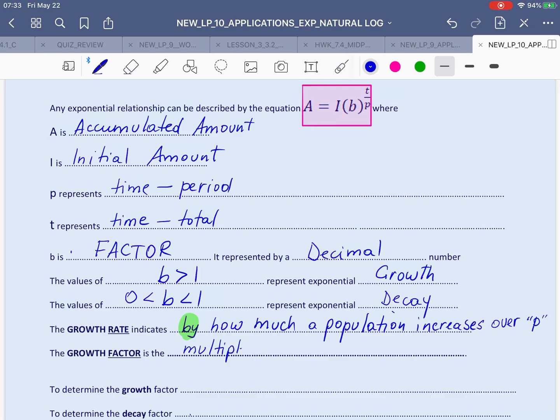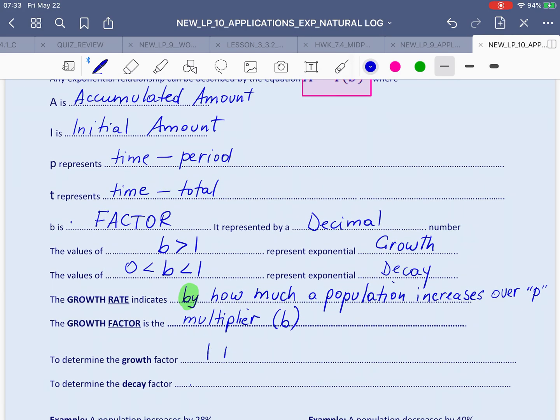Now, the growth factor is the multiplier that is indicated by letter B. So you multiply the initial population by a multiplier, or the letter B, to find out how much you're going to have in the next growth spurt. To determine the growth factor, we add 1 to the growth rate. To determine the decay factor, we subtract the decay rate from 1.